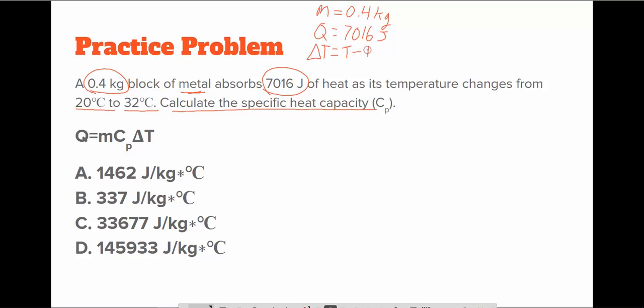So final temperature minus initial temperature. In this case, the final temperature is 32, and the initial is 20. So that gives me a temperature change of 12 degrees Celsius. Okay? And it wants us to calculate the specific heat capacity, CP.